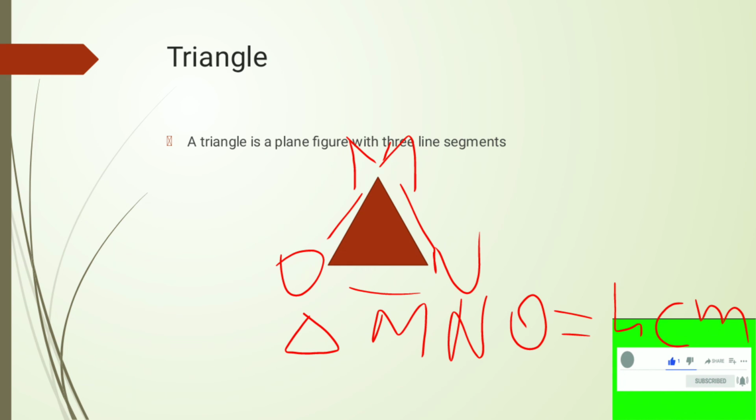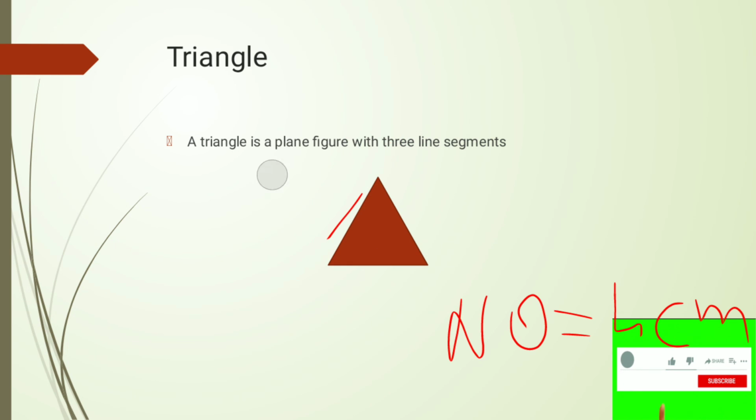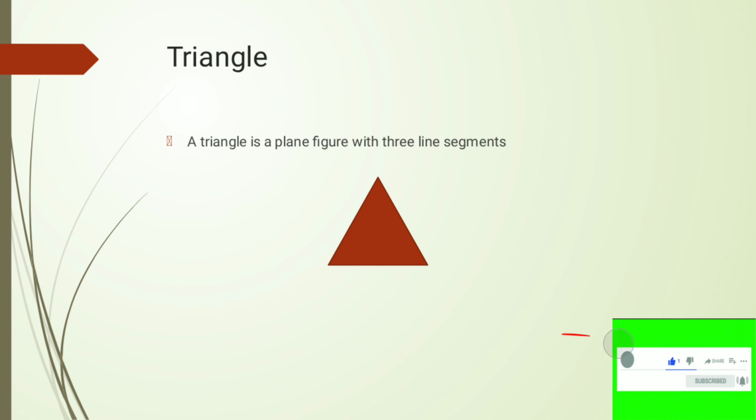All sides are 4 centimeters. They can be of any length, suppose here can be 5, here can be 6, and here can be 7. We also give names to triangles. There are different types of triangles, but we will see them in part 2 and part 3. I'll meet you in my next video.